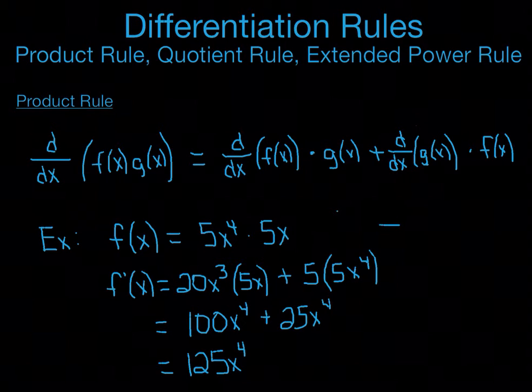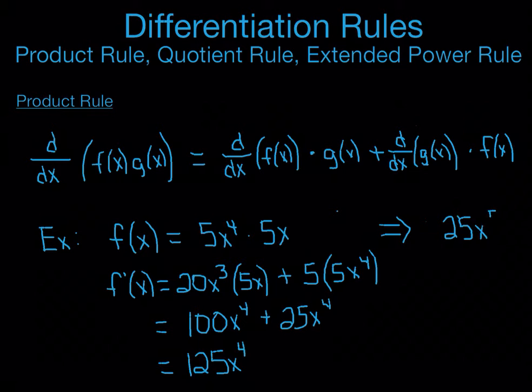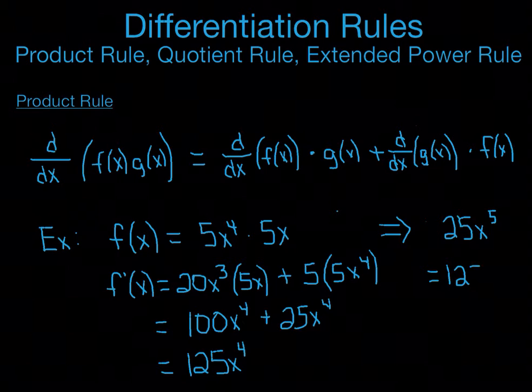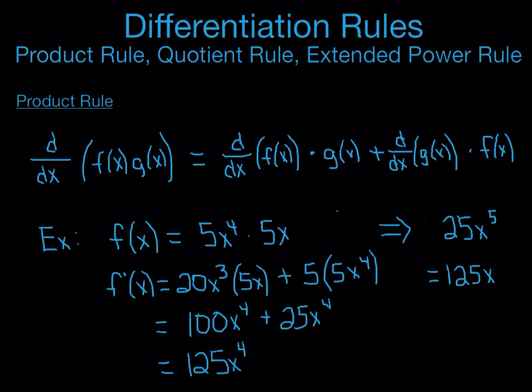The simpler way of doing this one would be to go ahead and multiply these together. 5x to the fourth times 5x is simply 25x to the fifth. And then using our constant multiple or power rule, we get 5 times 25 is 125, and then decrease the power by 1, x to the fourth.